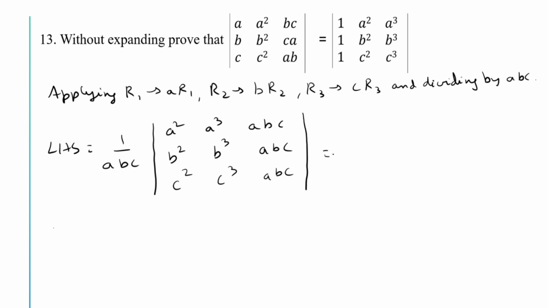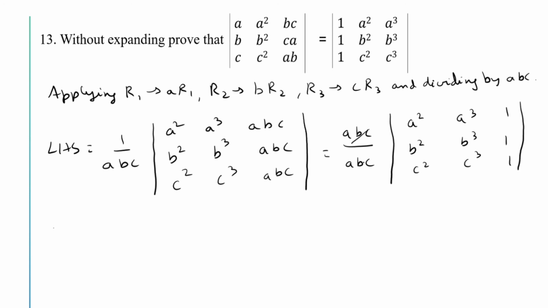So here abc is common. We can take abc outside. So this is equal to abc by abc into a square, b square, c square, a cube, b cube, c cube, 1, 1, 1. So these two will go.